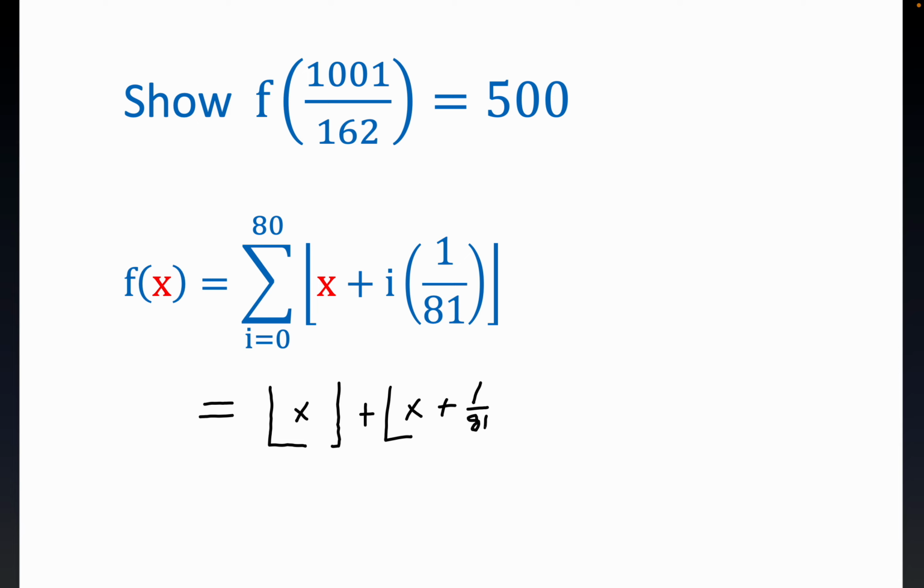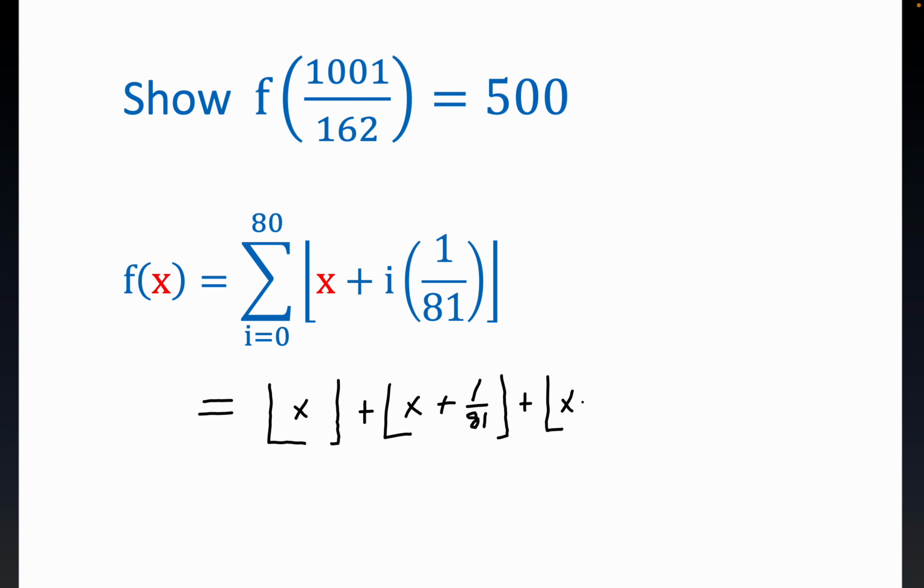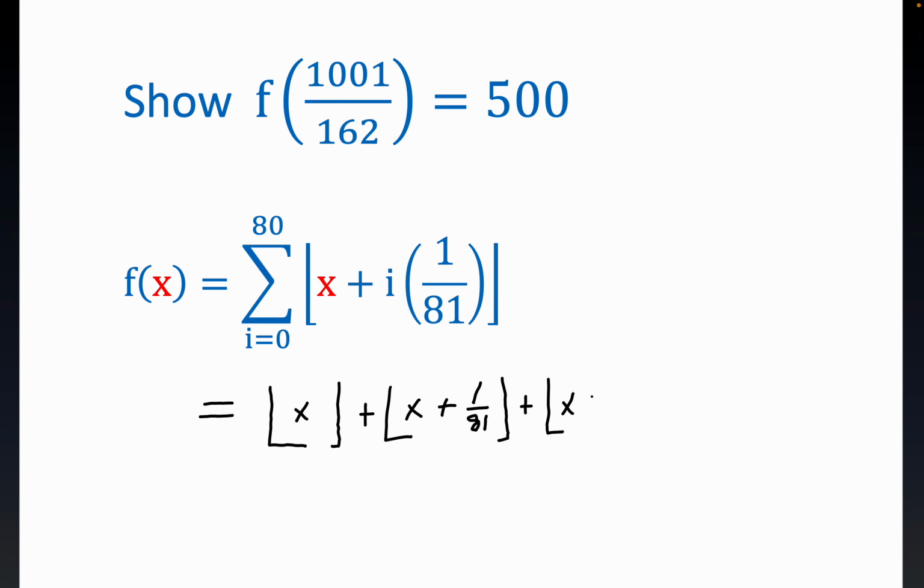We can just do a few more here to get the pattern going. Then for i equals 2, we'll have the floor of x plus 2 over 81. Now we can write down the last term just to make it look relatively professional.